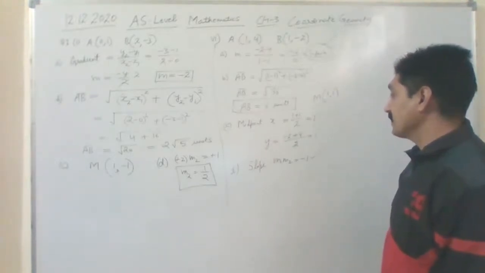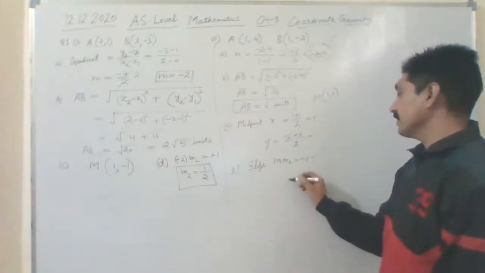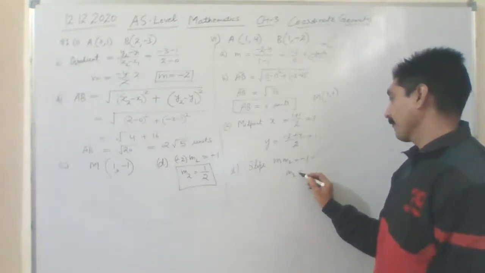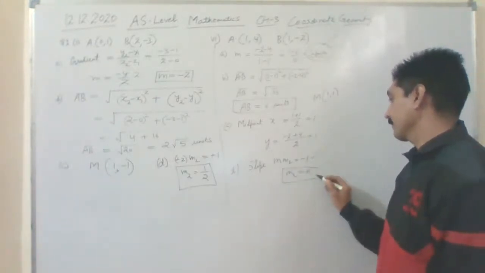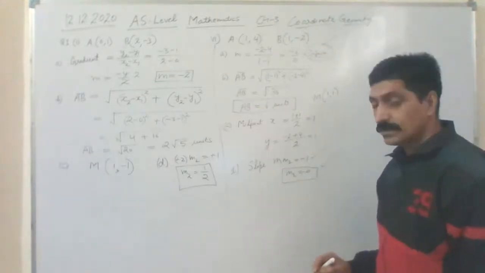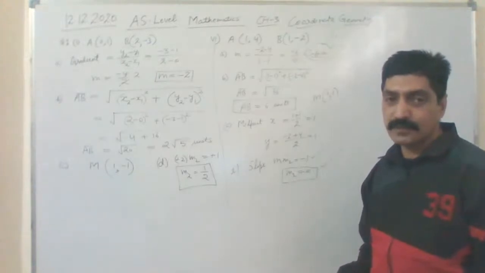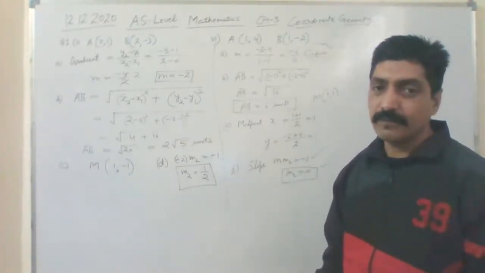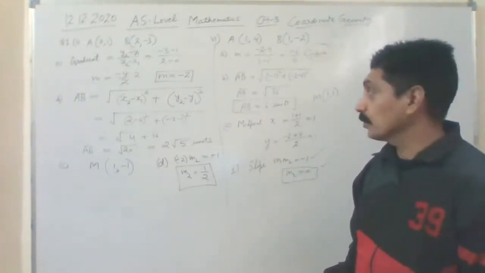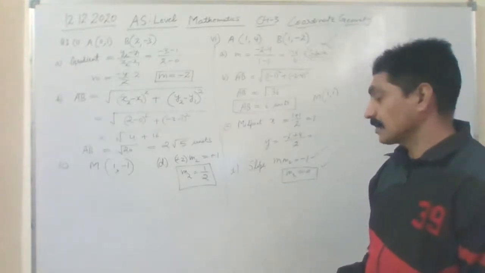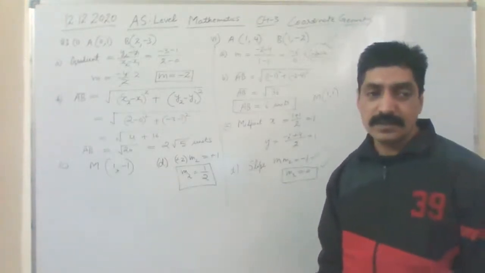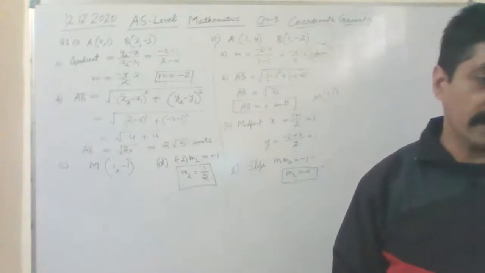So m2 is the slope of the line, that is 0, right? If we have to find the slope of a line which is perpendicular to another, its slope is 0, right? So in this way you can solve the exercise.